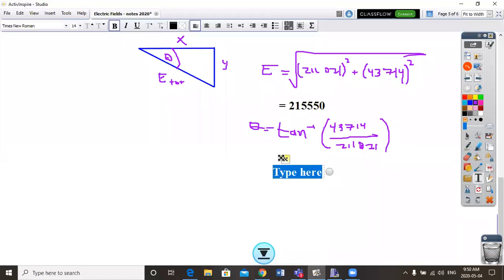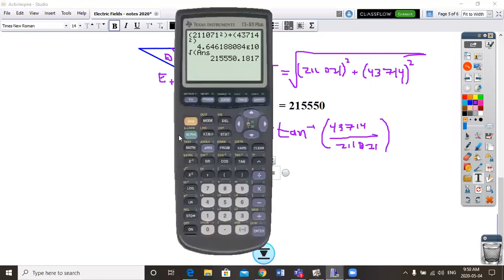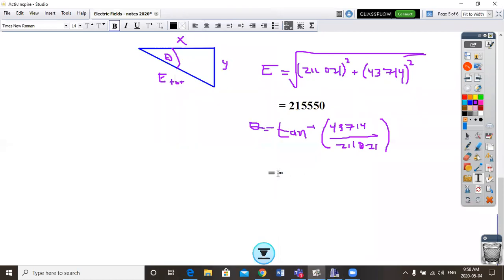Again, I'll type in the answer. Inverse tan, 43,714 divided by 211,071. You get 11.7, 12 degrees south of east. So that would be 12 degrees south of east.